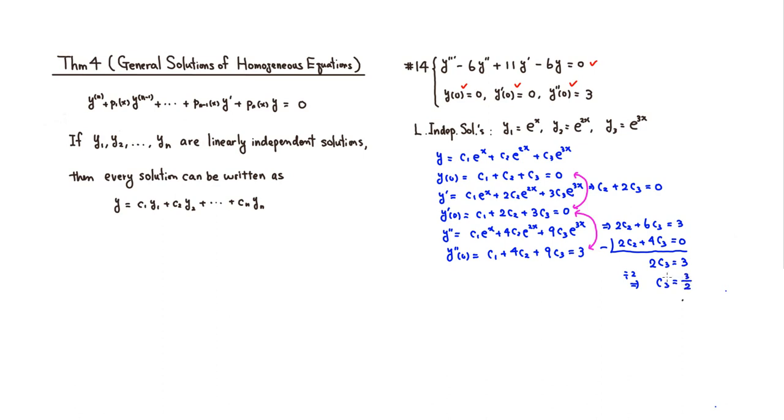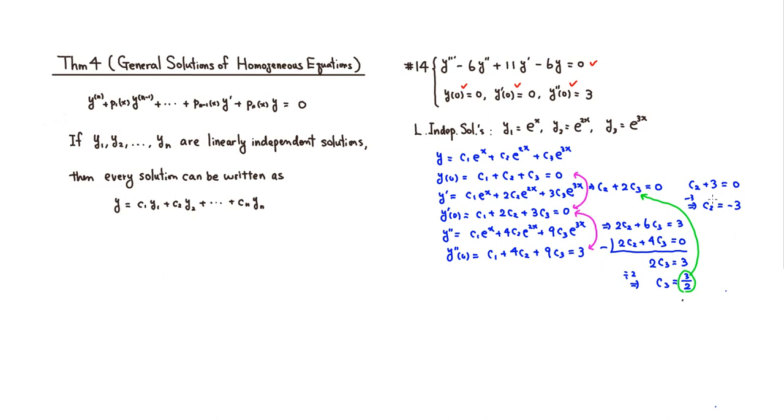Once you've done that, we can plug this value back into this one right here, and you get the c2. 2 times 3 halves is just 3, so 2c2 + 3 = 0, and we can simply subtract 3. c2 is going to be equal to negative 3.